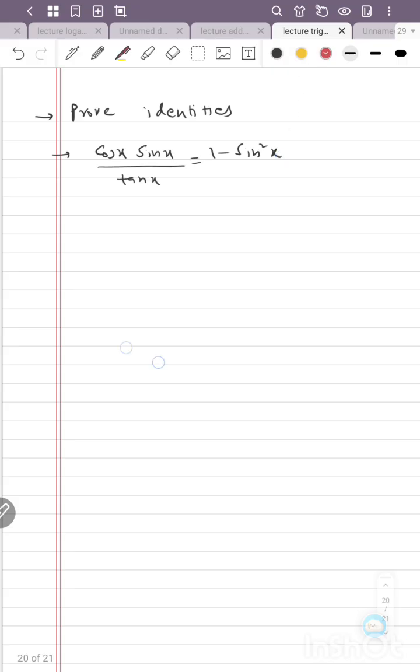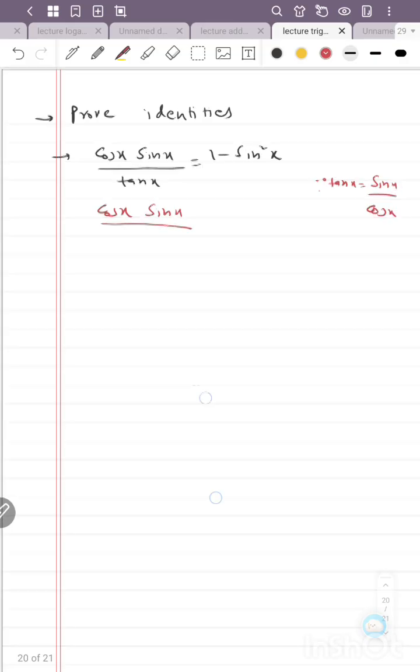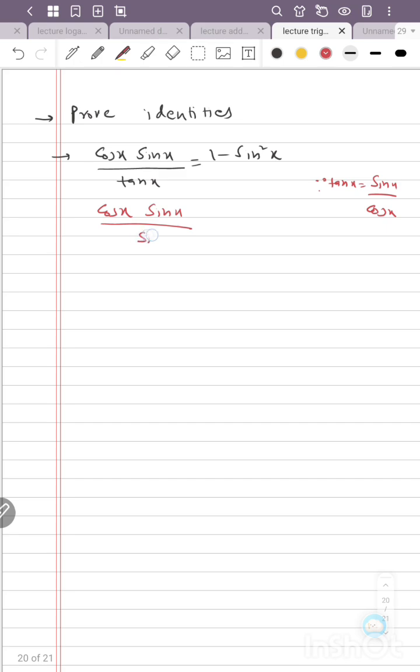Now we have cos of x sine of x divided by tan x. We know that tan of x equals sine x over cos x, the ratio of sin x and cos x.